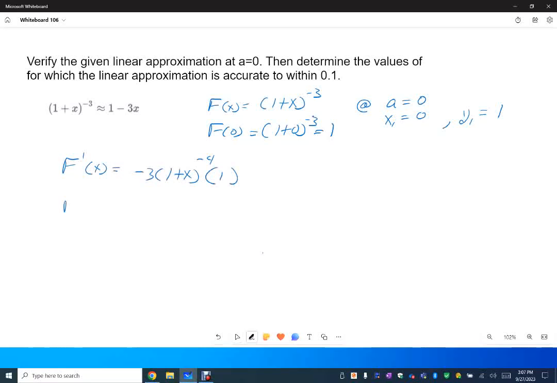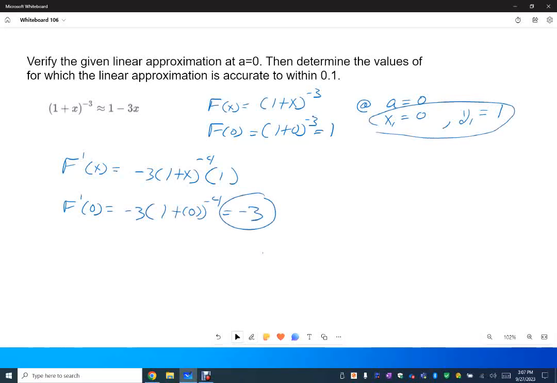So here is my derivative, and I'm going to plug in 0 for x and simplify this to negative 3. So I've got a point, I've got a slope.